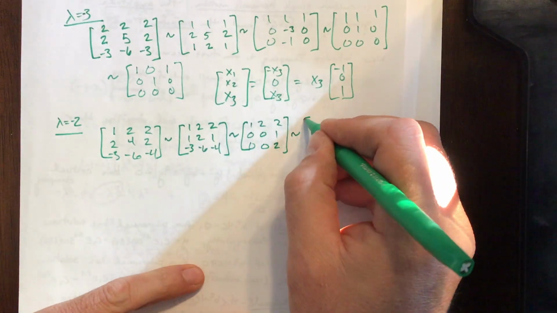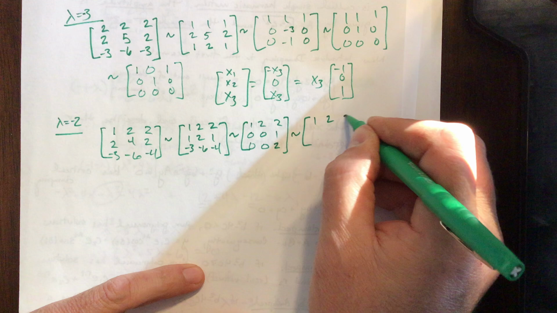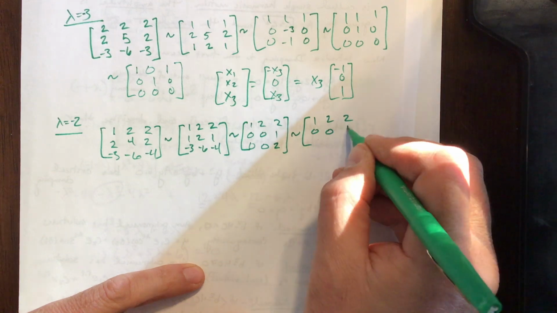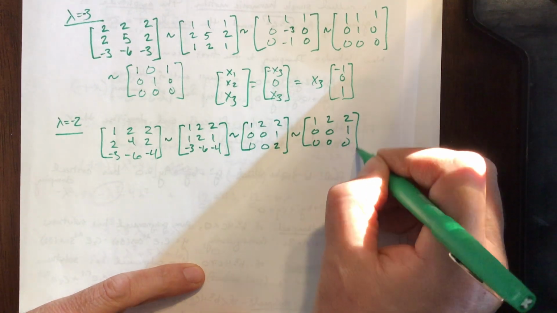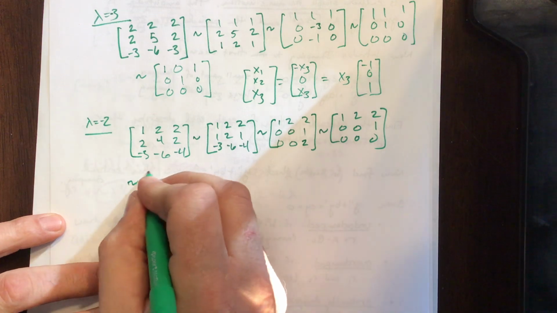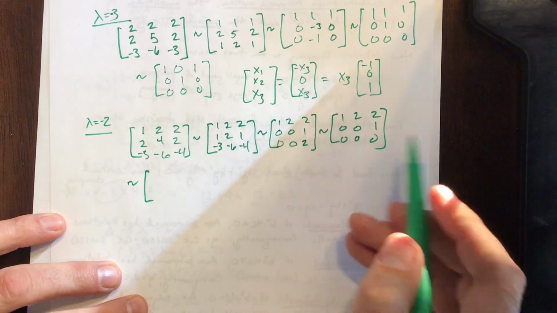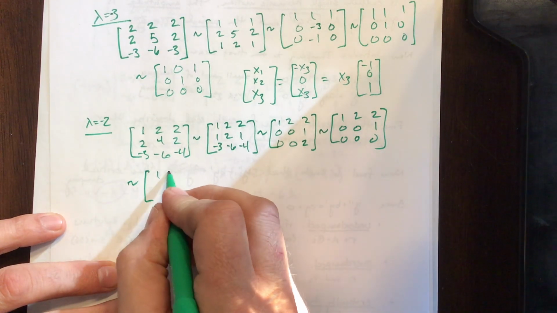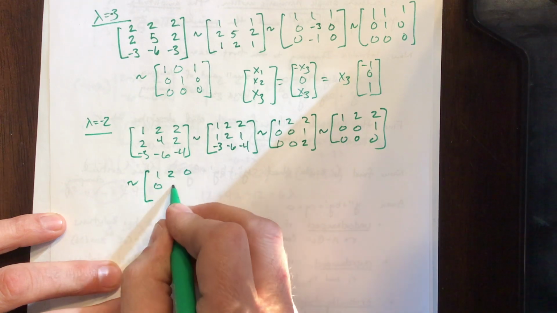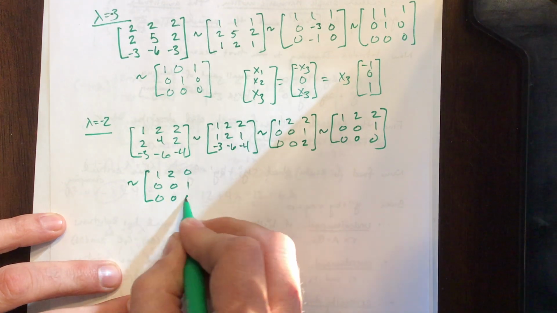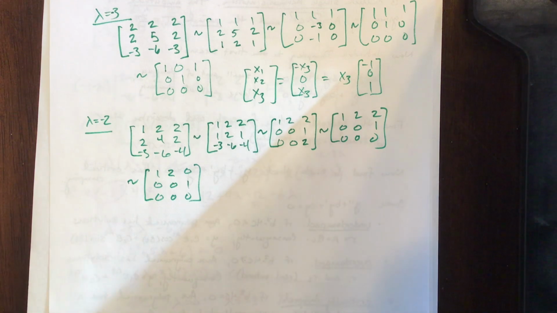All right, this is easy. 1, 2, 2, 0, 0, 1, 0, 0, 0. So let's multiply row 2 by 2 and subtract. And that's what you get.